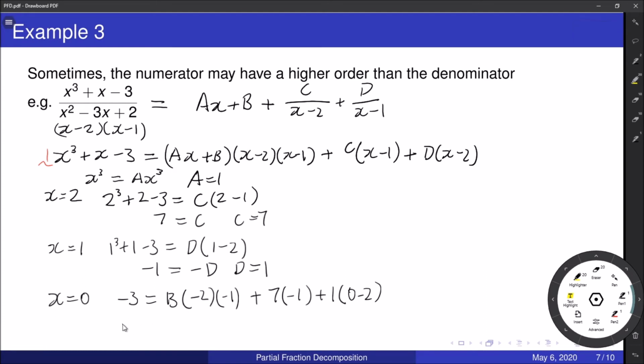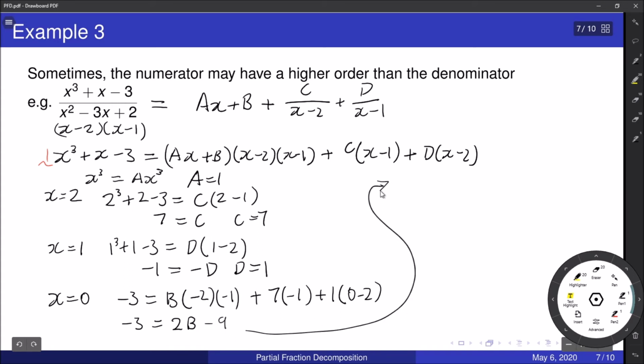So we end up with negative 3 equals 2b minus 9. Of course, the implication is 2b equals 6 and b equals 3. So we have found all four numbers.